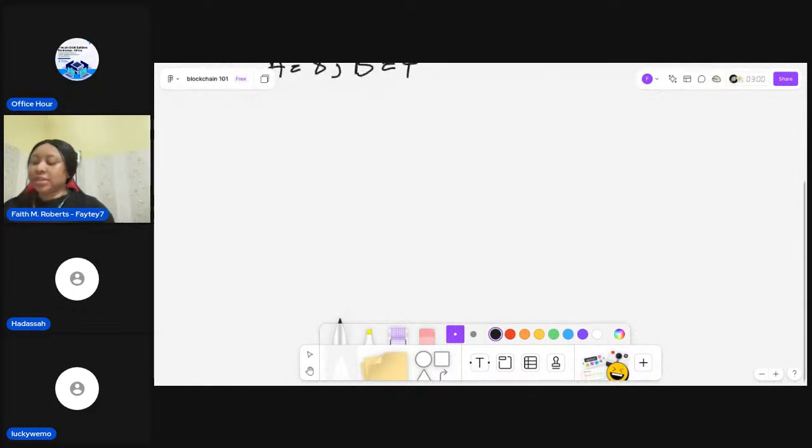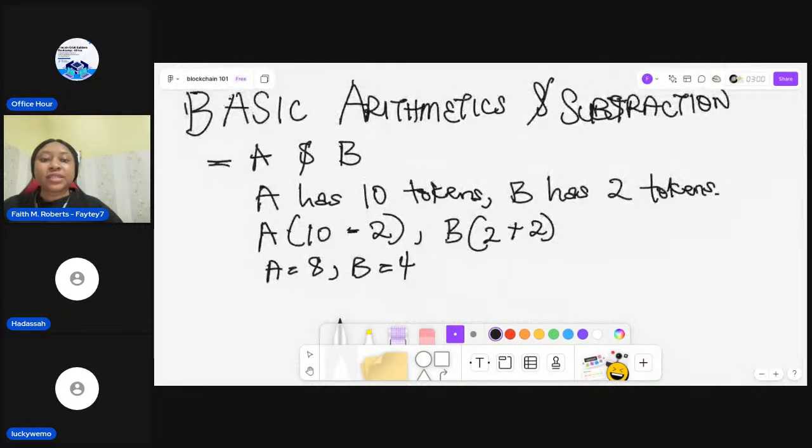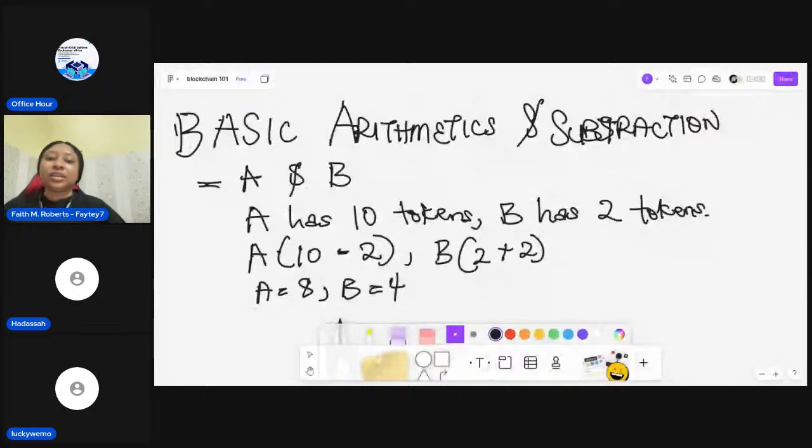Now, this is just the simple arithmetic subtraction I was trying to explain to you that I will not dwell much on. But let me just explain a little bit of context to this.